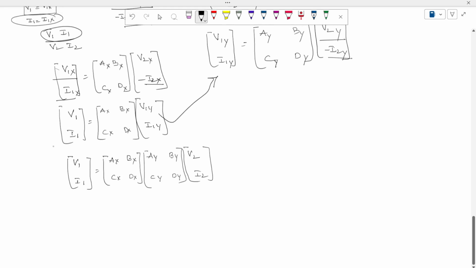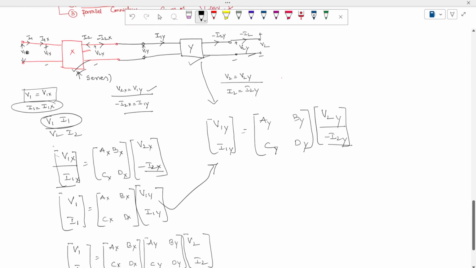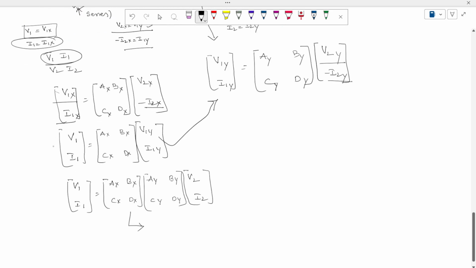So in the cascade connection of ABCD matrices, we are going to get the product of ABCD parameters. So we have got the product of ABCD parameters.